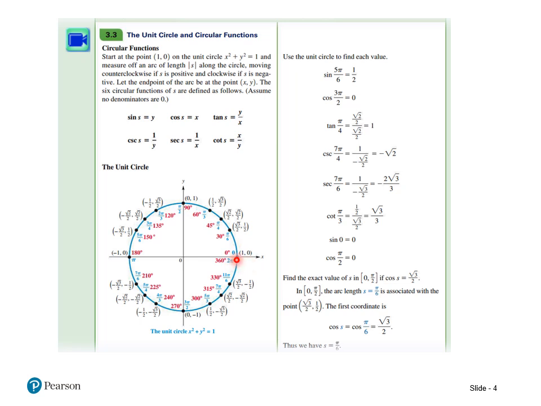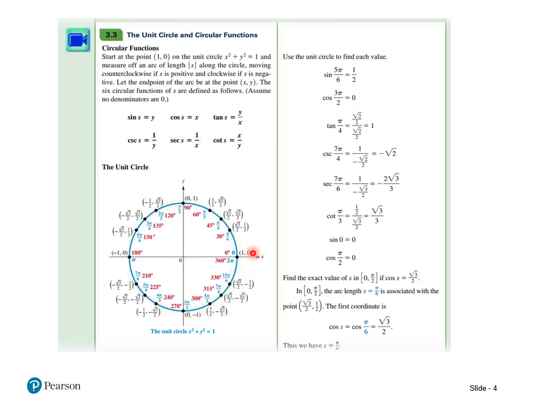So for example, the quadrantals, we have 1, 0 at this first point where the angle is 0 or 2 pi or 0 or 360. At 90, the coordinates are 0, 1. At 180 or pi, the coordinate is negative 1, 0. And at 270, the ordered pair of coordinates are 0, negative 1.